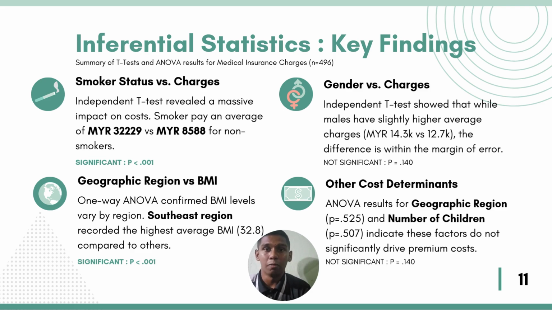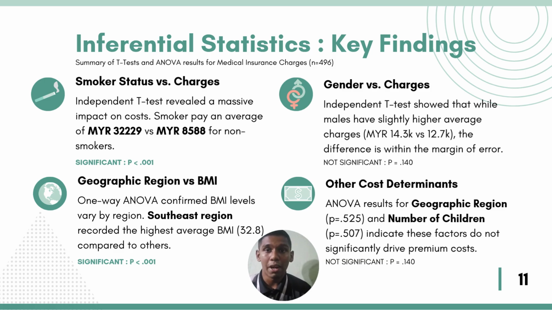Our analysis of 496 randomly selected policyholders from the SPSS report reveals which lifestyle and demographic factors truly drive medical insurance costs. Firstly, an independent sample t-test proved that smoker status has a massive, statistically significant impact on pricing, with p lower than 0.001, with smokers paying an average of 32,229 ringgit compared to just 8,588 ringgit for non-smokers.